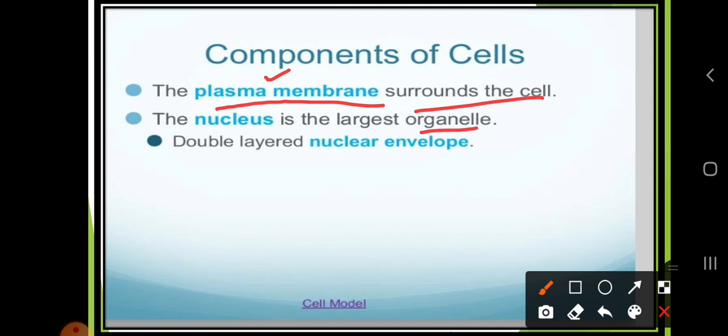Organelle means the organs present in the cell. The nucleus is the largest organelle and it is double layered, or you can say the nuclear envelope. One by one we are going to discuss the nucleus membrane and plasma membrane.